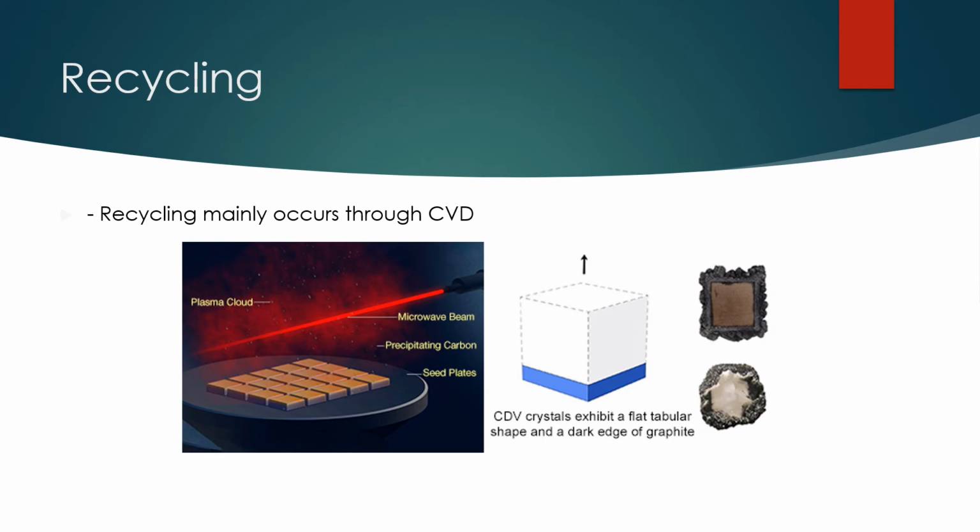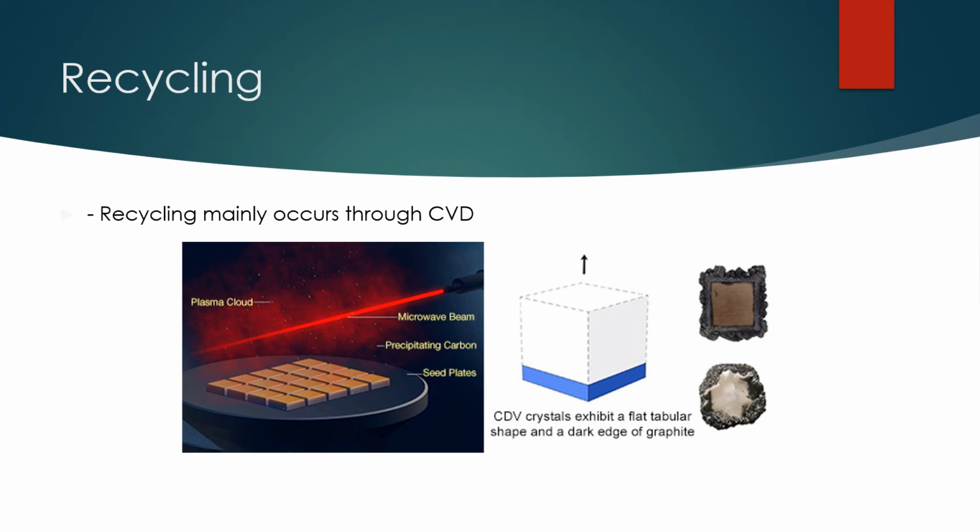But then if you look at the two small pictures on the very right, those little black square-like things on the edge of each of those two squares are the diamonds. They are simply appearing black because of a thin graphite layer that forms on top of the diamonds when they're growing in the lab. This graphite forms because graphite and diamond have the same chemical structure.